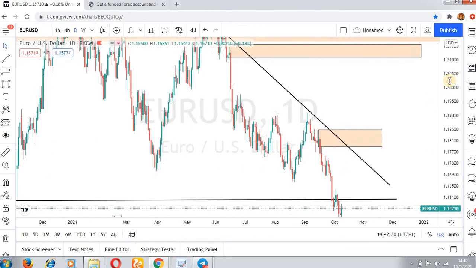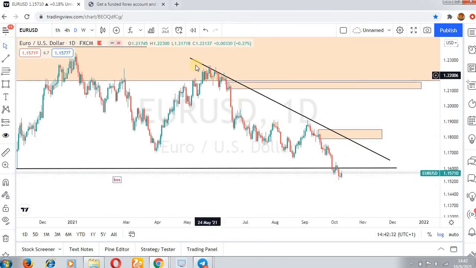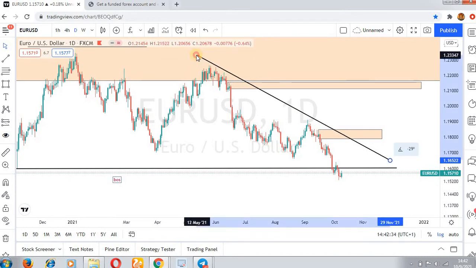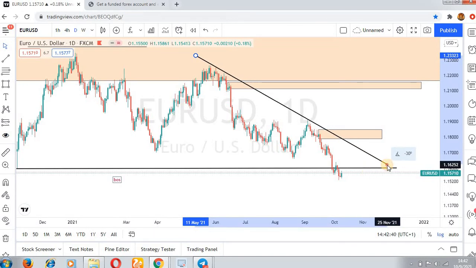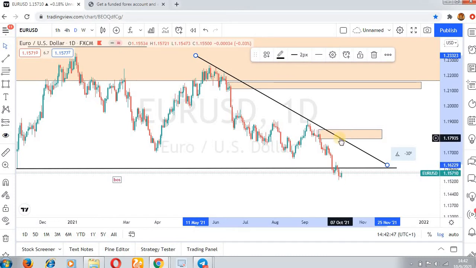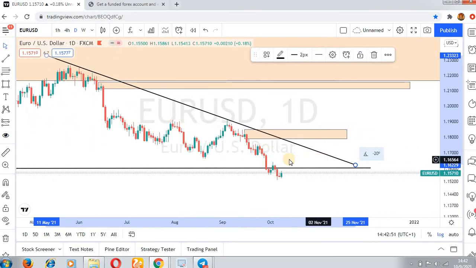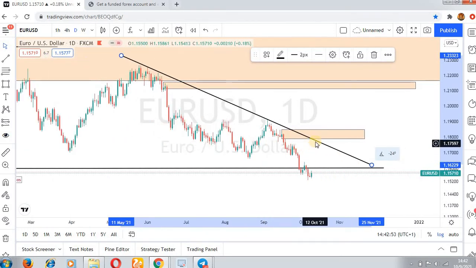Now, if you look, there is some kind of confluence happening around here. Meaning that when price returns here, it could just take up some level of confluence and come down. Are you with me?